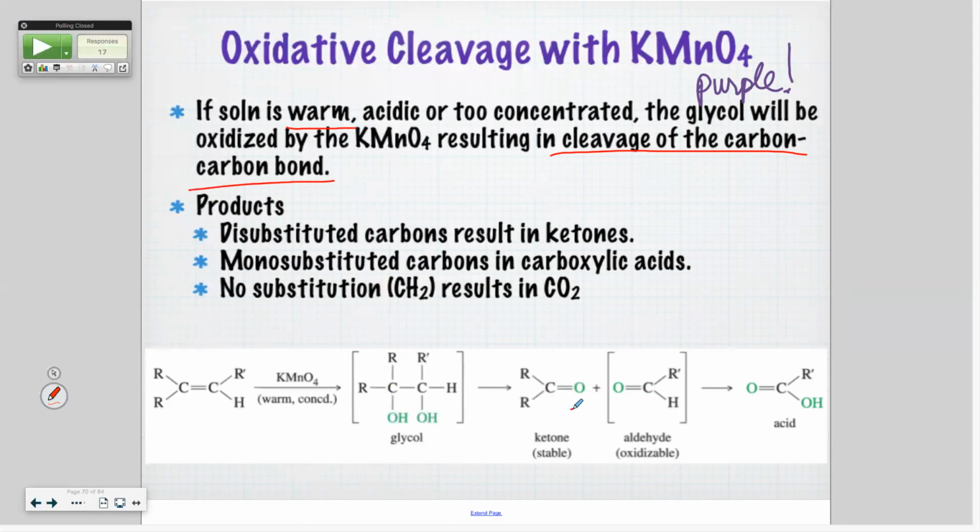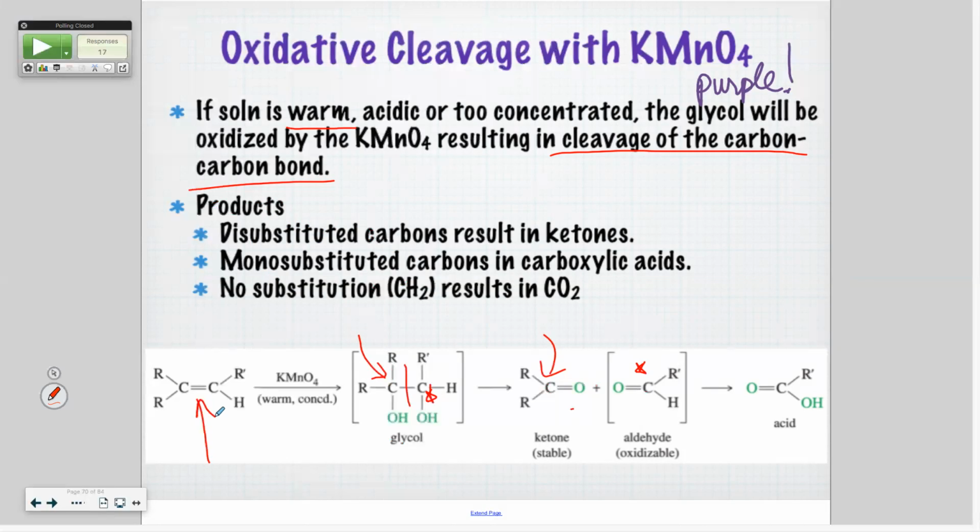Okay, and notice that it's breaking right here. This carbon is this one, and this carbon is this one. So what do you make? You make carbonyl compounds. You're going to get two pieces out of this molecule because we're cleaving it right here.